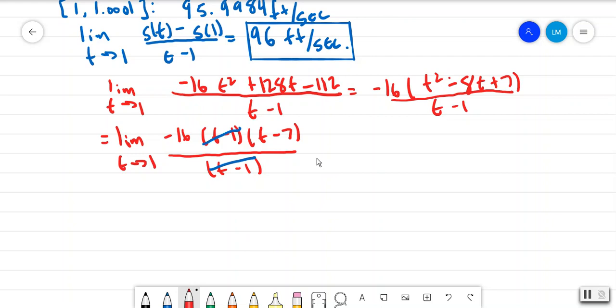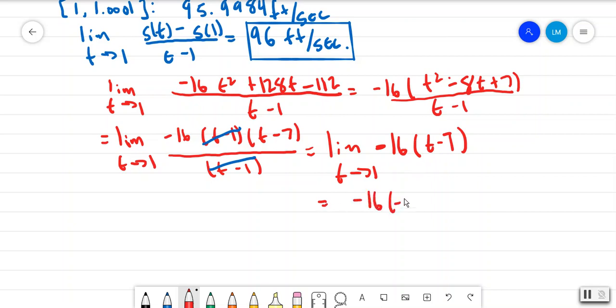Now this is kind of nice because it tells us that we have the limit as t approaches 1 of negative 16 times t minus 7. Note that this is the average rate of change. So notice that if you plug in the 1, you get minus 6. So you get negative 16 times negative 6, which equals 96 feet per second.